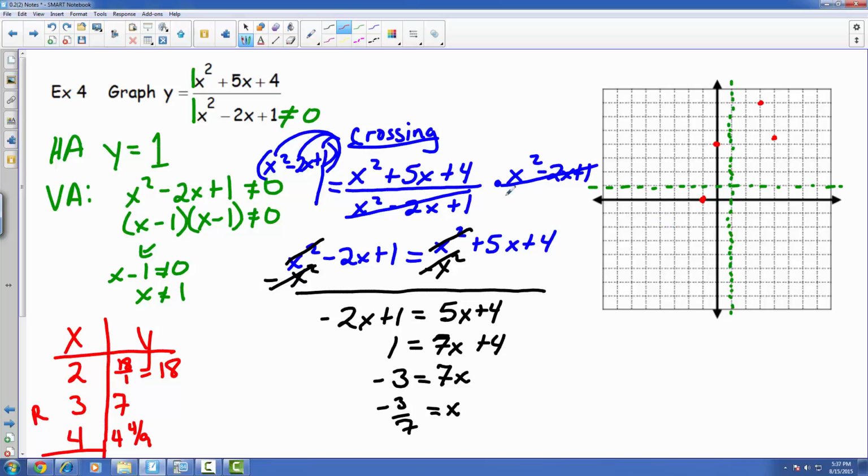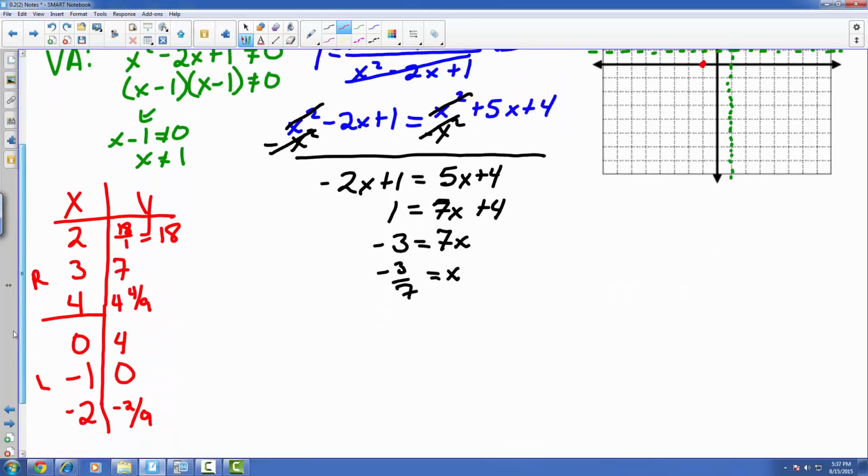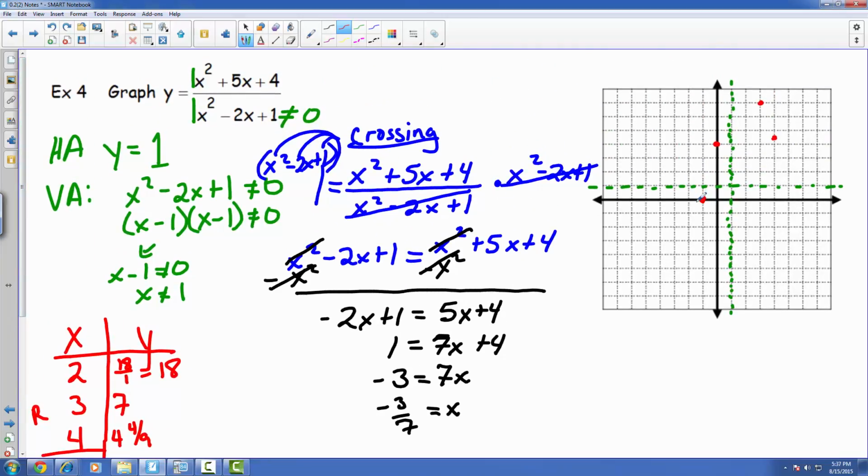And then at -2, we said it was -2 ninths, so that's right around here, thereabouts. And so when we connect our points, we should, at least on the right side, see something like this.